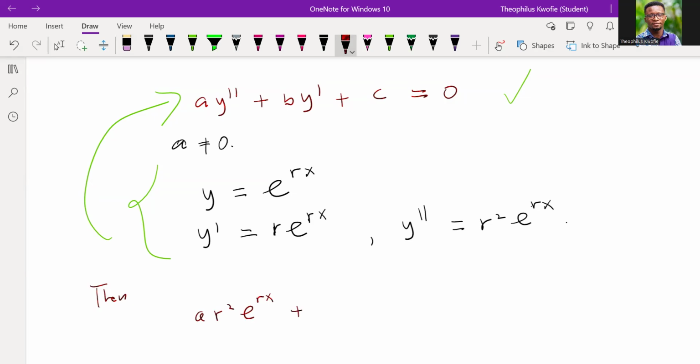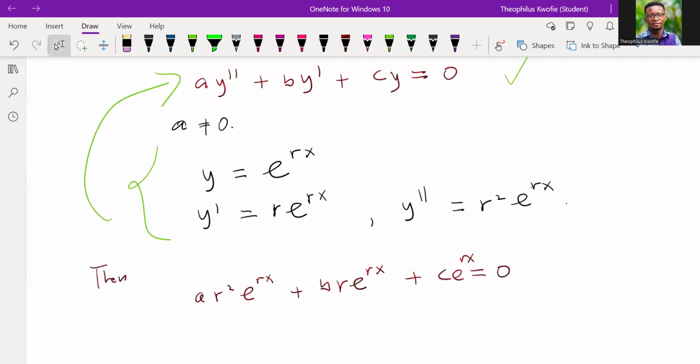Then plus B, now what is my y prime? My y prime is r multiplying the exponential function. Then plus C times y, the exponential function, equal to 0.